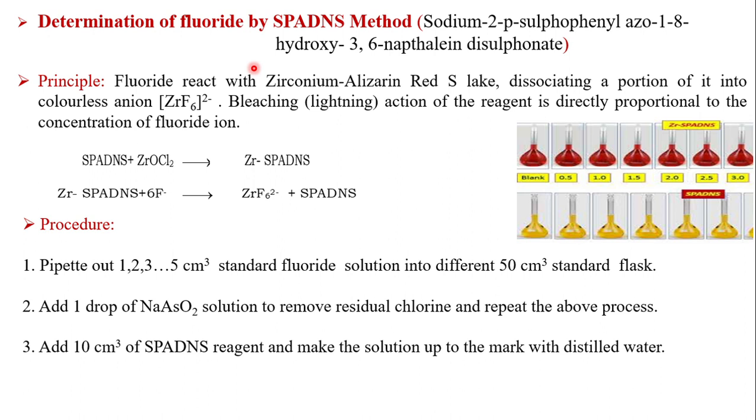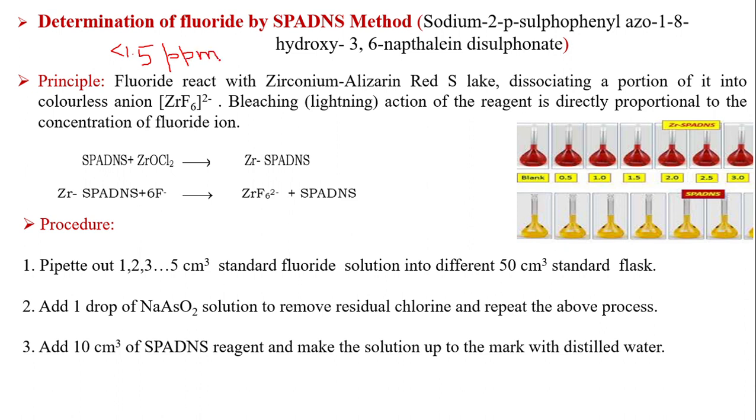So in drinking water, the concentration of the fluoride should be less than 1.5 ppm. If the concentration of fluoride is greater than 1.5 ppm and you consume such water daily, then it will affect our skeletal system.